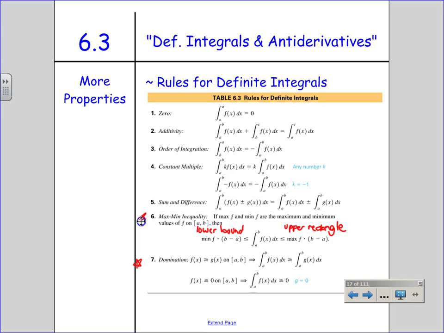Domination is talking about a function whose y values are always higher than another function's y values. And it's basically saying, if its function values are always higher, then its integral is always going to have to be higher. It's always going to dominate.